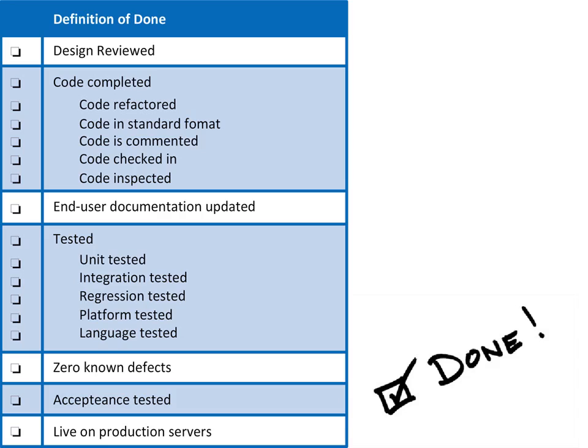To be considered 1, or a completed state, there has to be a certain checklist that needs to be met.